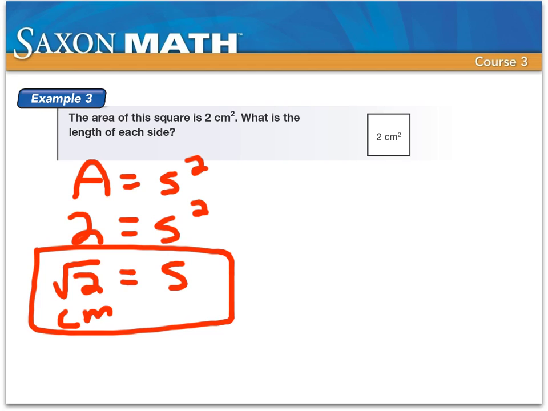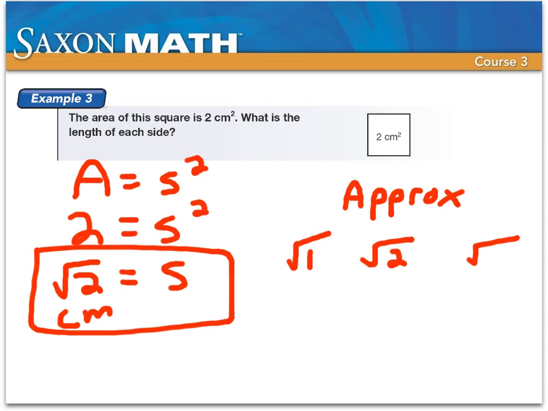Now if it said approximate each side, then I'd want to know about what the square root of 2 is. So the square root of 2 would be here. Underneath that, the square root of 1, 1 is a perfect square number, and 4 is a perfect square number. The square root of 1 is 1, and the square root of 4 is 2.